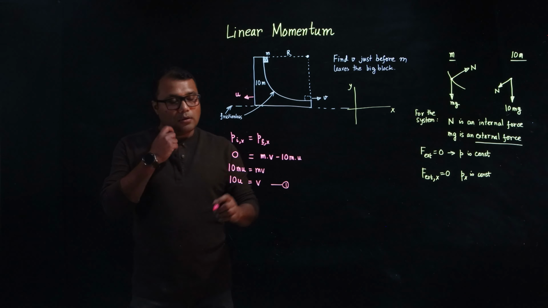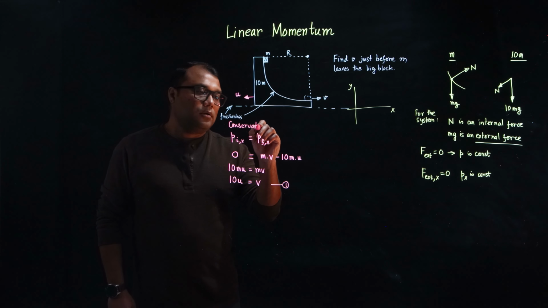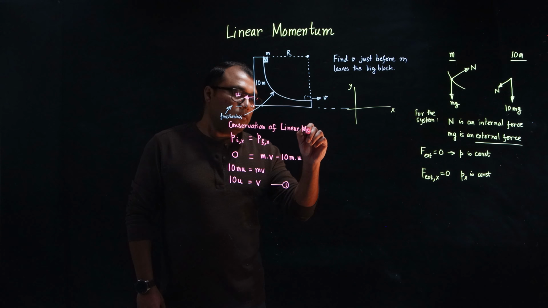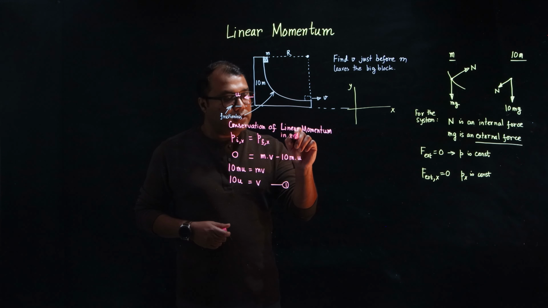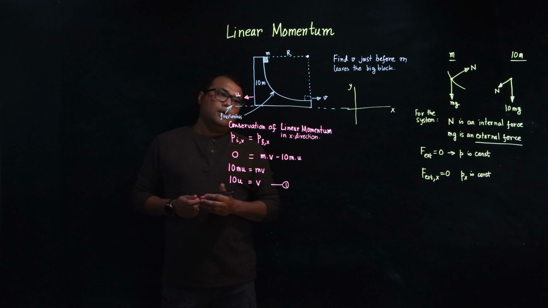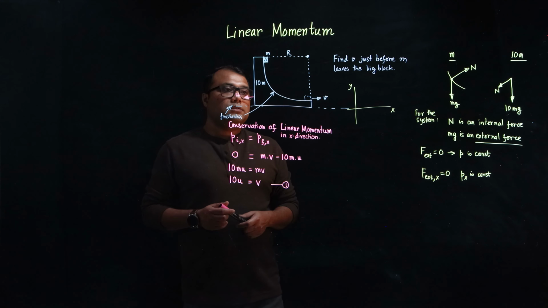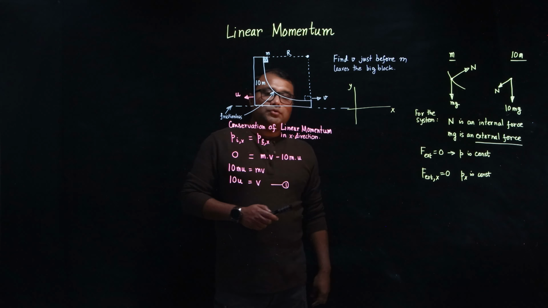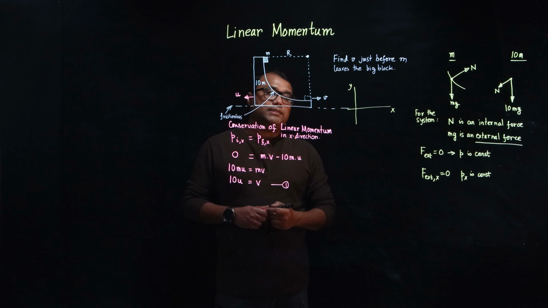We get one equation. So this is from conservation of linear momentum in the x direction. Now let's look at something else. In the y direction we can't use conservation of linear momentum, but we can probably use something else.